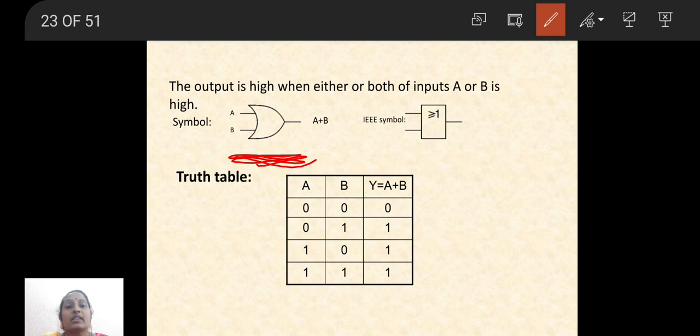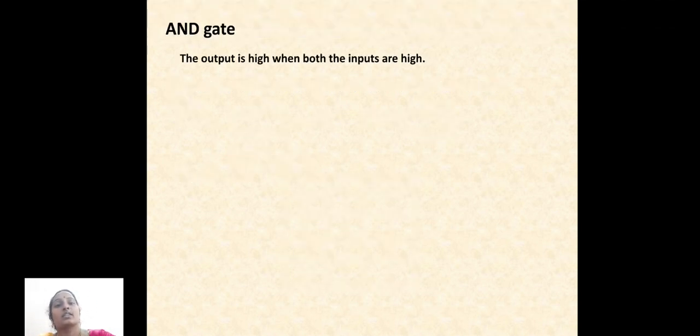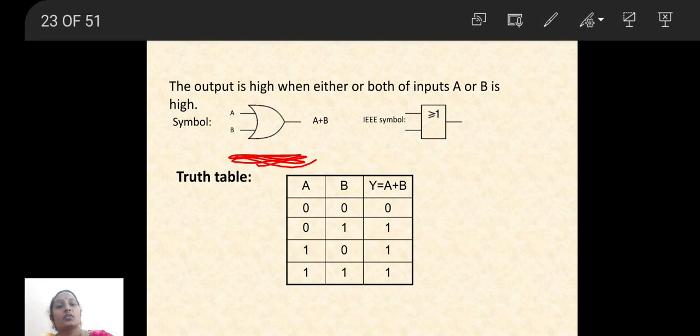So what are the inputs here? A and B. What is the output? A plus B. By using two variables, how many combinations are we getting? Four combinations: 0 0, 0 1, 1 0, 1 1.